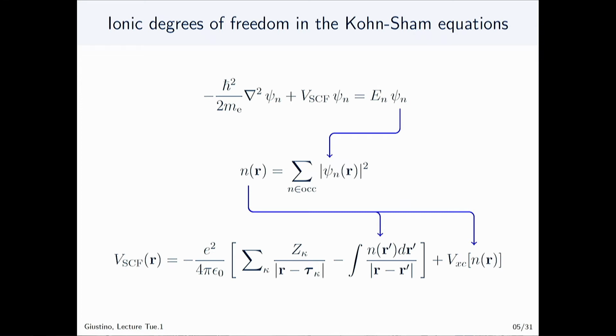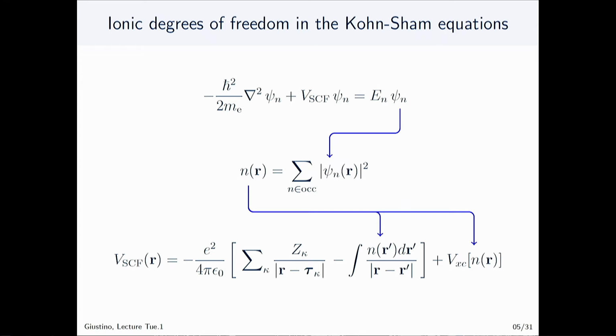So the question is really, where are the nuclei? Where do the nuclei appear in this term, which is basically the Coulomb attraction between each nucleus and each electron? In this case, tau sub k is the position of a nucleus. I'm putting just the bare Coulomb potential, but in practical calculations, we're using pseudopotentials, as we've seen yesterday.